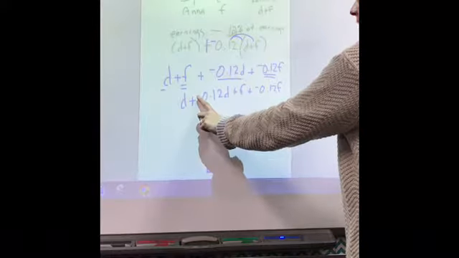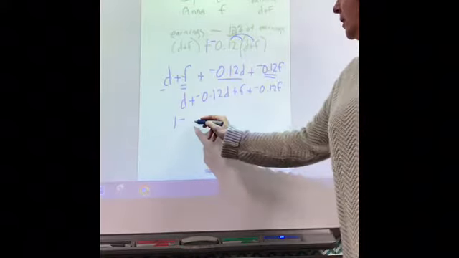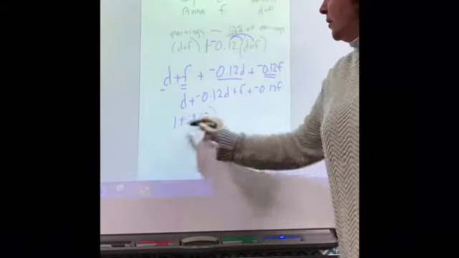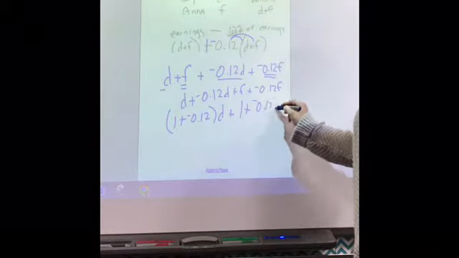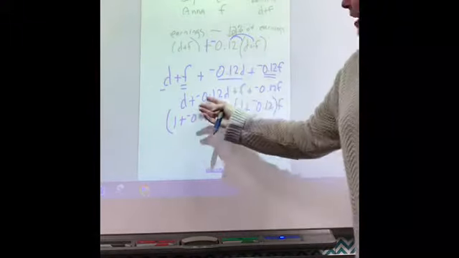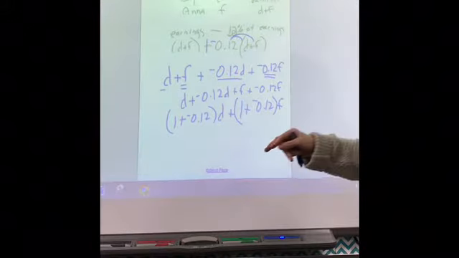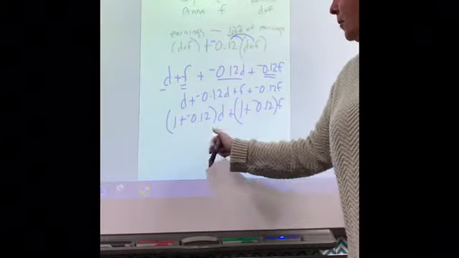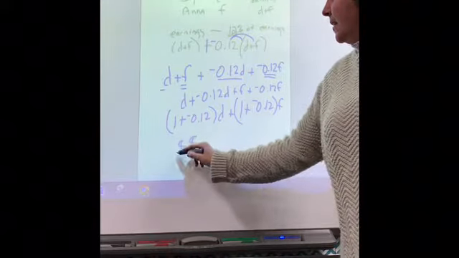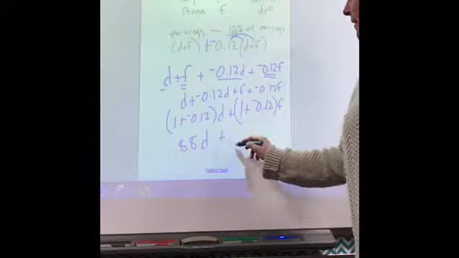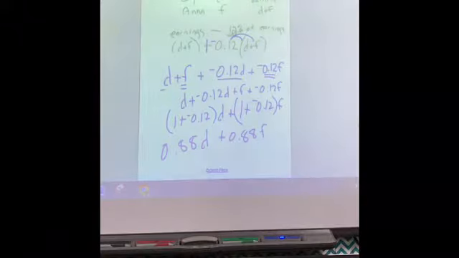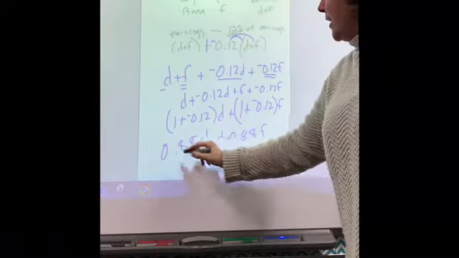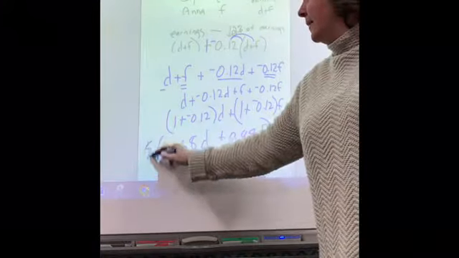So 1 minus 0.12. 1 plus negative 0.12 d plus 1 plus negative 0.12, put that in parentheses, f. I just factored out the variable to make it easier to add their coefficients. So 1 minus 0.12 is 0.88d plus 0.88f. I'm not done yet because I haven't given it a label. We're talking about the total they gave to charity, so we're talking about money.